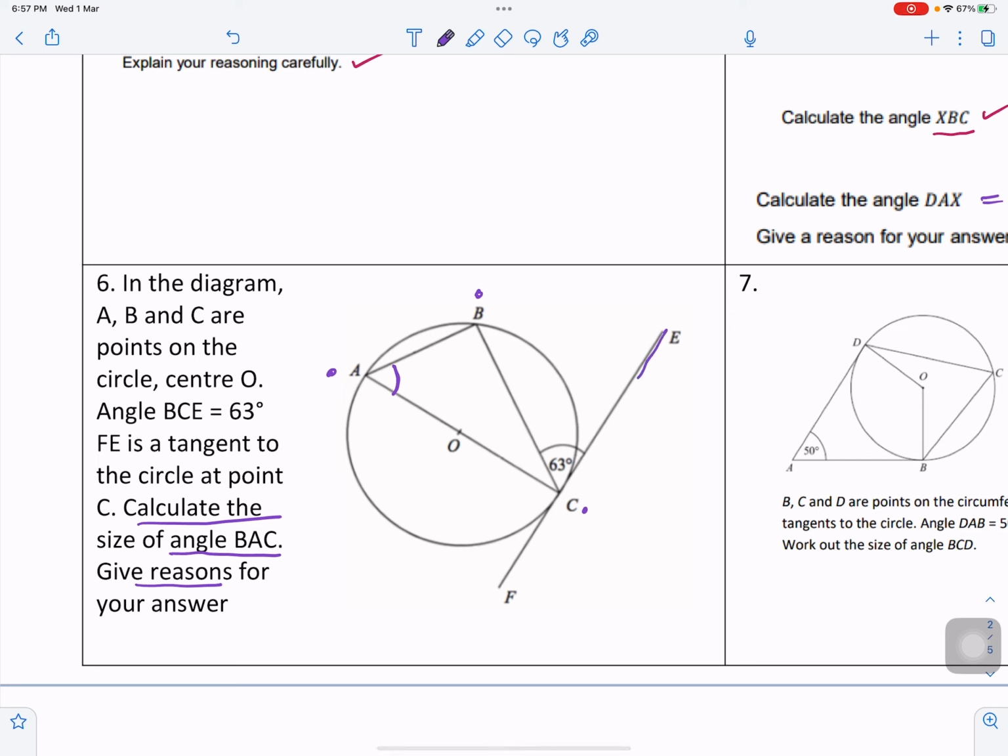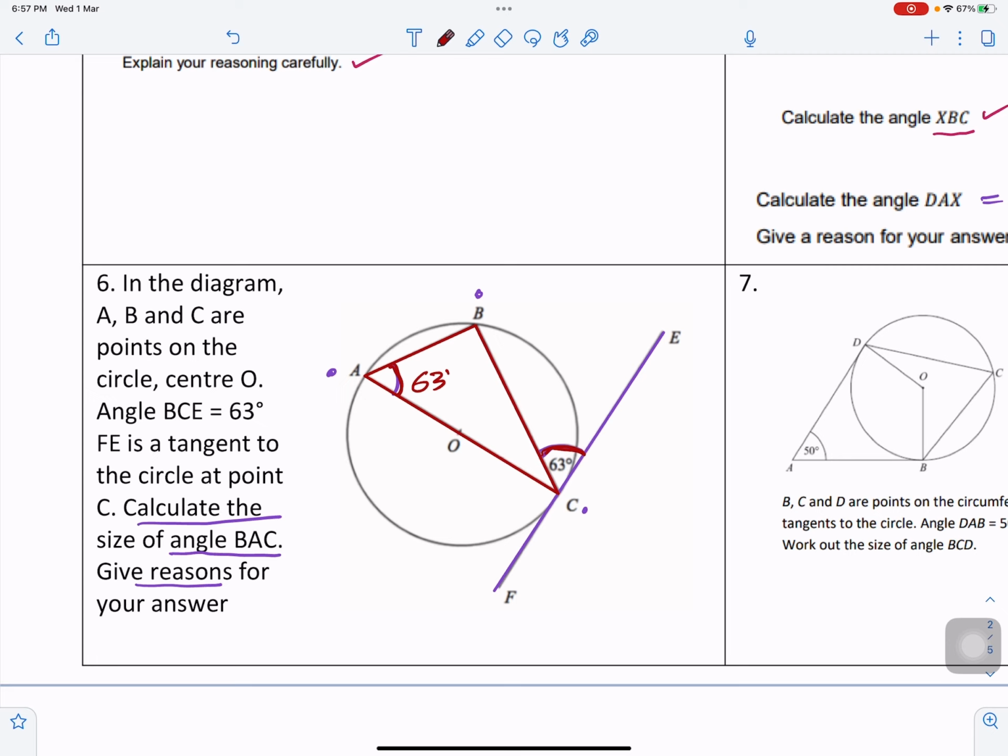If you look at the tangent EF, and if you look at the chord BC, the angle between chord and tangent is 63. The same chord BC is making an angle on the circumference on the opposite side at A. The same chord which is making an angle with the tangent is forming an angle on the circumference, and these angles are equal.